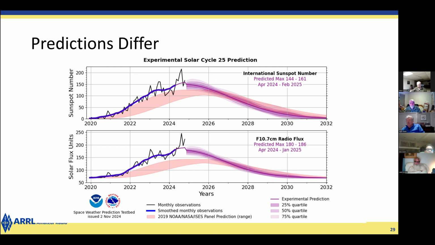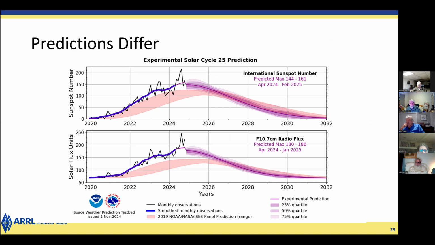I want to show you a couple of things. This is a very recent picture from the Space Weather Prediction Center, which is run by NOAA and NASA jointly. What you're seeing here, on top, is the sunspot number, and the black line is more or less daily observations.